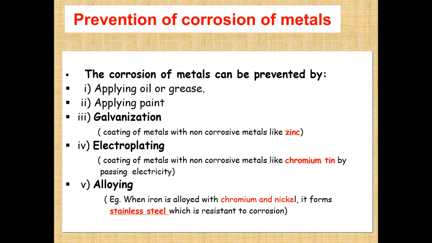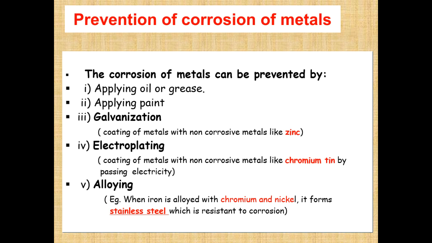Corrosion of metals can be prevented by applying oil or grease on the surface of the metal, or applying paint. There are also other methods to prevent corrosion, like galvanizing. Galvanizing means coating metals with non-corrosive metals like zinc. Zinc will be coated over the metal.